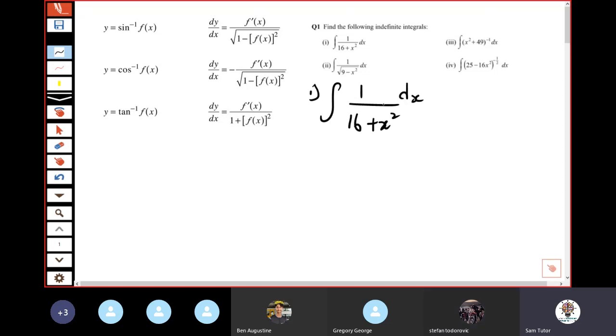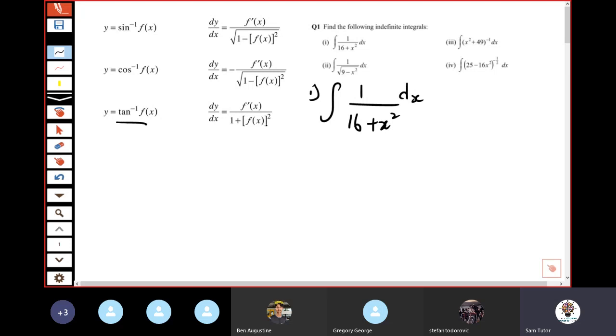Can anyone tell me if this is going to be an inverse sine, inverse cos, or inverse tan? Sine, it's not. Tan, no. Sine needs to have a negative and needs to have a square root. Cool. So this one is going to be an inverse tan.